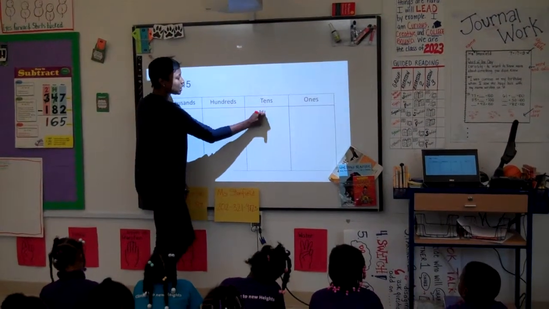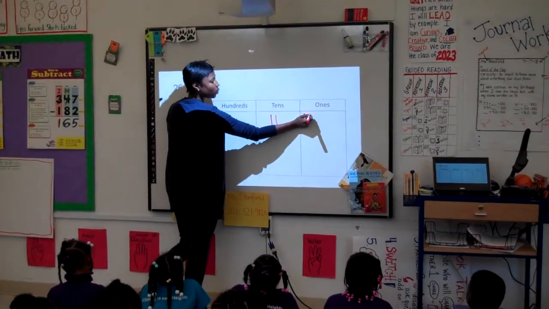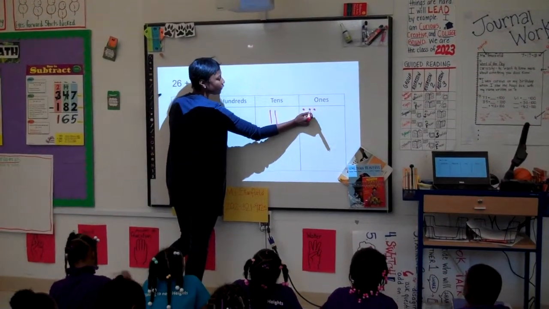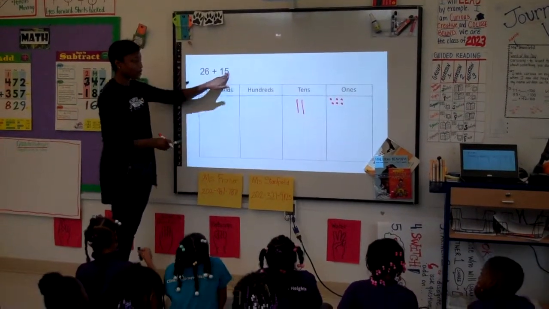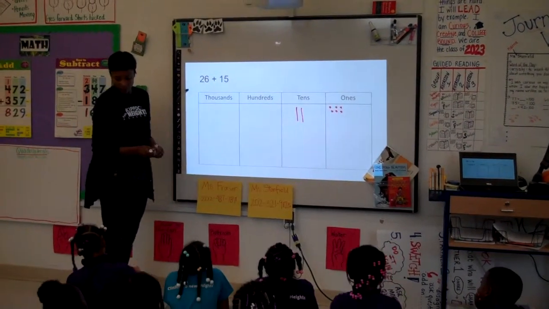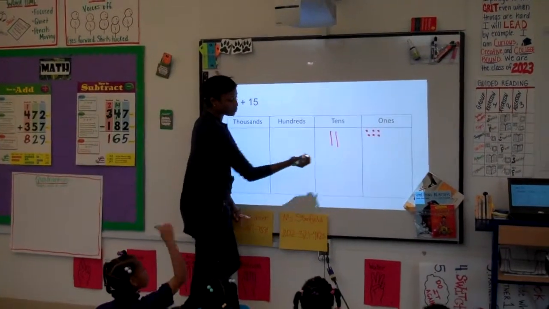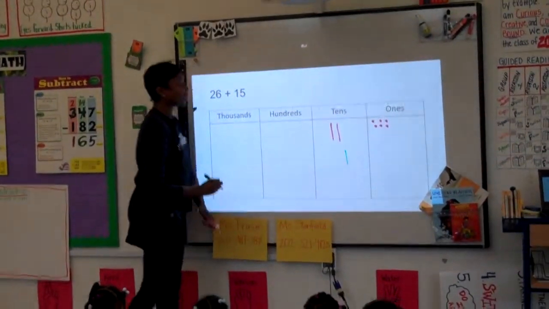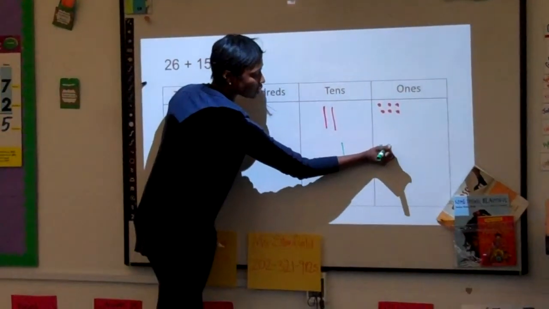I would draw 2 10s because there's 2 10s in 26 and 6 ones. 1, 2, 3, 4, 5, 6. I'm adding these numbers together, so I would draw my next model under that one. Make sure you're watching. There's 1 10 in 15. Draw 1 10 right here. And there's 5 ones.